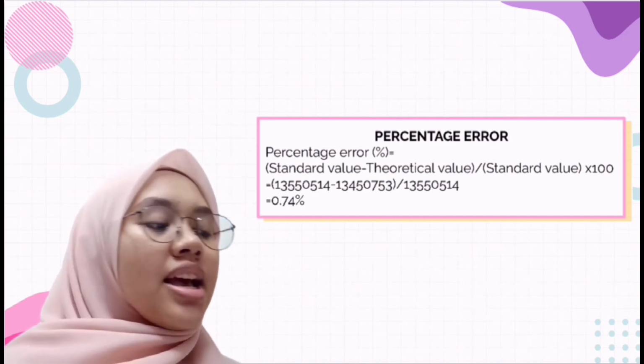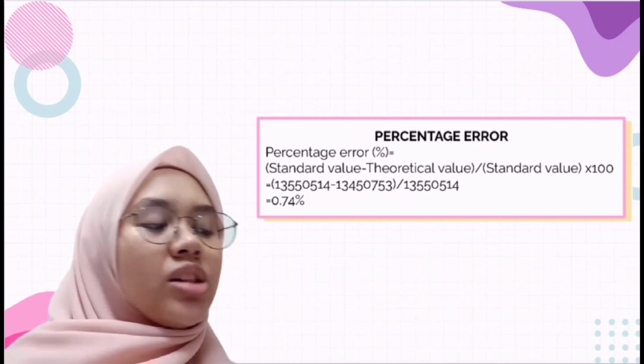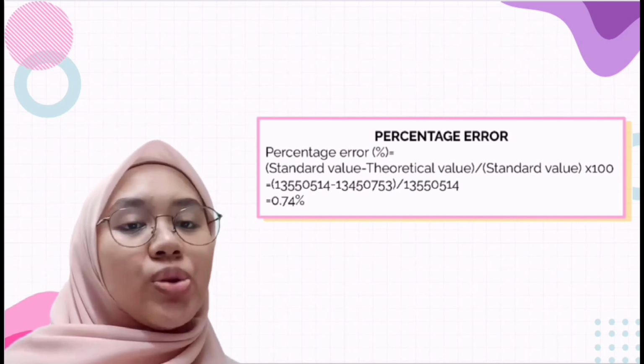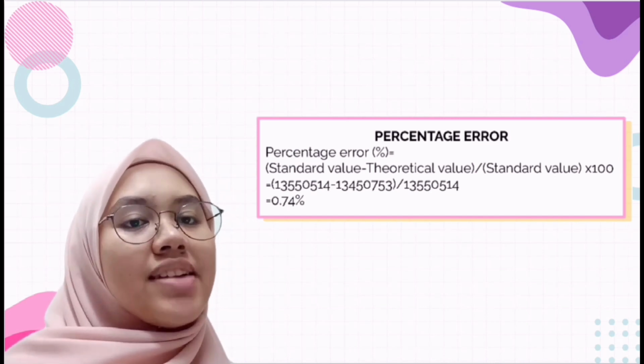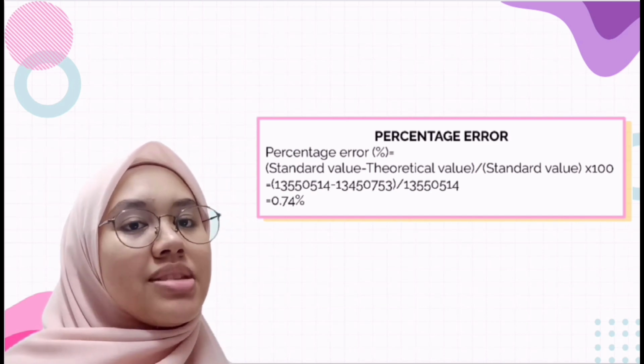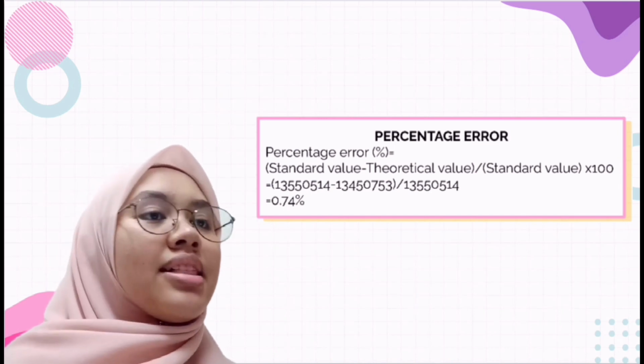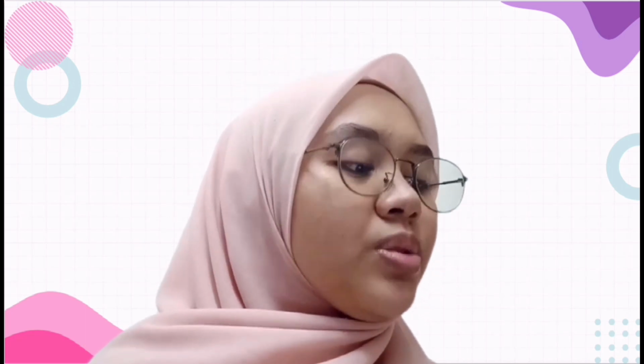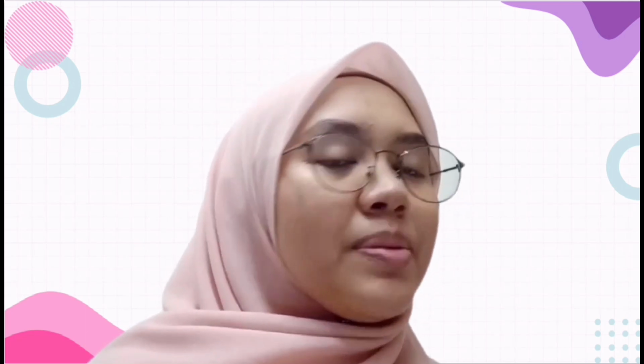Overall, it is proven that the values obtained by the particular solution are not 100% accurate, but since the percentage error is only 0.74%, which is less than 1%, we can say that the particular solution is acceptable to be used to predict the values of the male population in Malaysia.